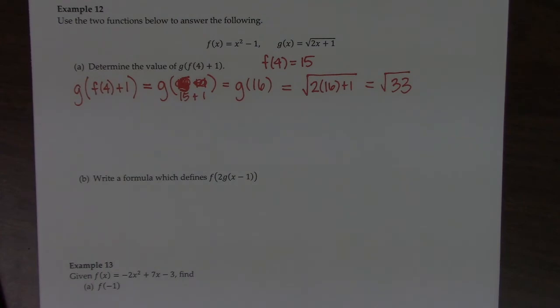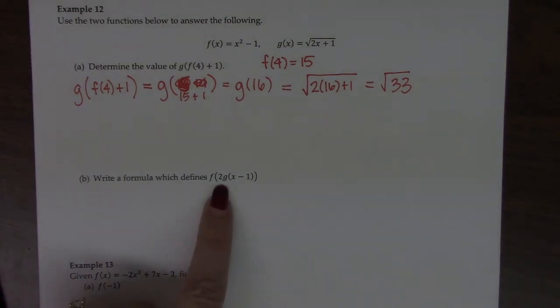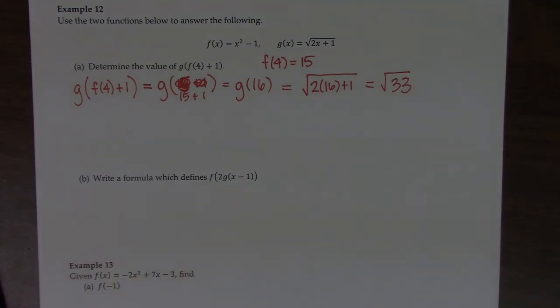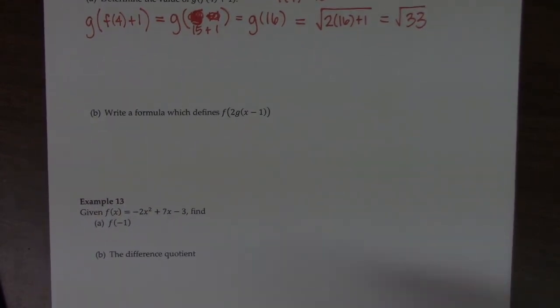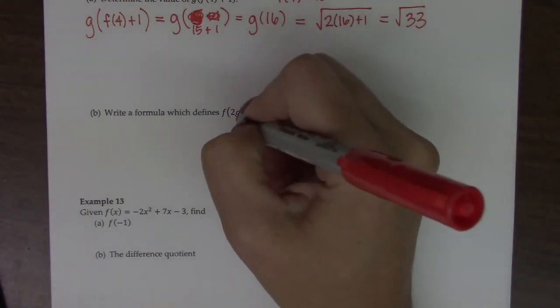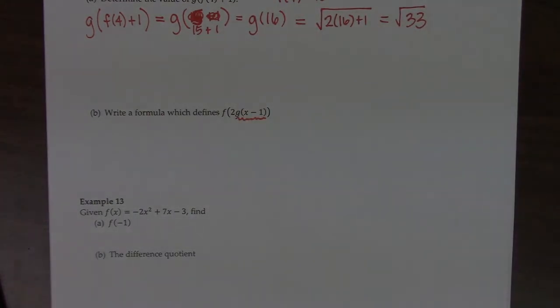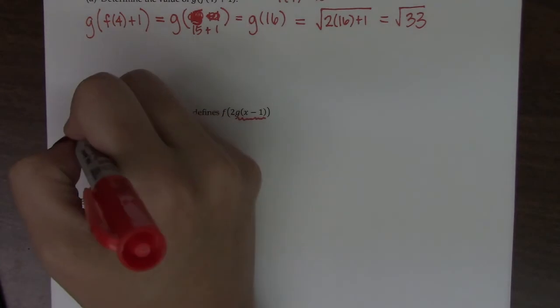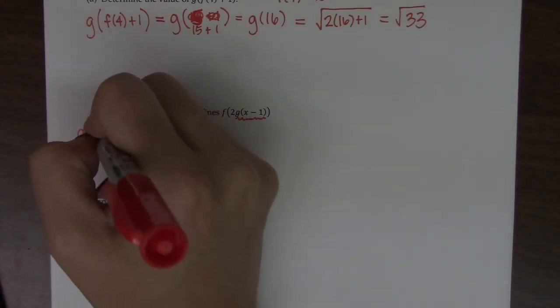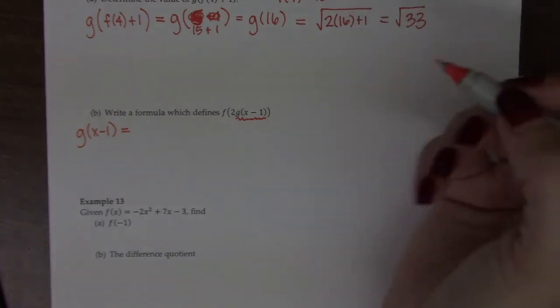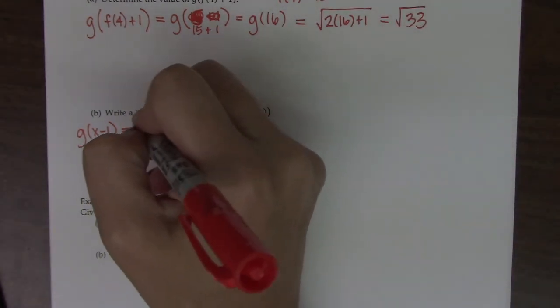B says write a formula which defines f of 2 times the square root of g of x minus 1. I would recommend doing this in stages, building it from the inside out. The first thing I want to do is figure out what g of x minus 1 is. I'm going to plug x minus 1 into g of x.